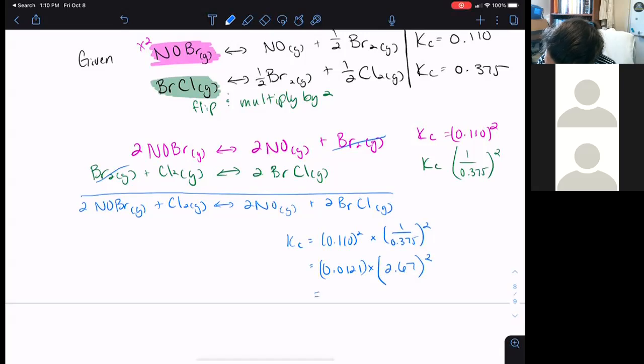And this gives us 7.11. And now we'll multiply our 7.11 by our 0.0121. And this gives us a Kc value equal to 0.0860.